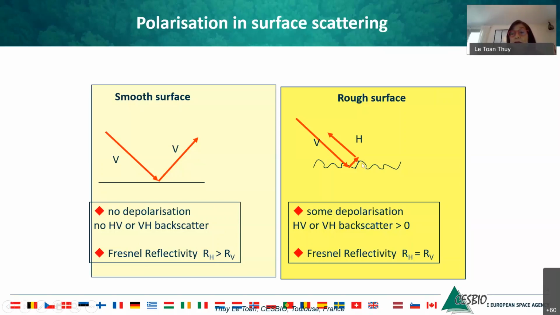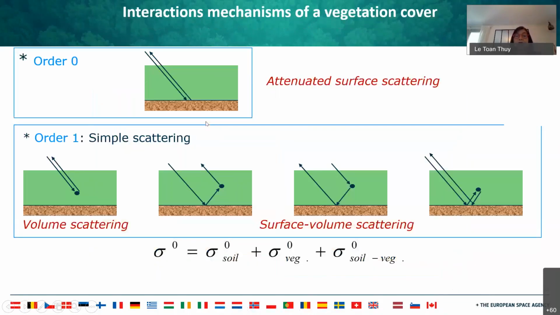But for the rough surface, you have some depolarization. It goes here, here, here, and the reflectivity RH equals RV. So if you have an image at one incidence, one frequency, the rough surface has a higher backscatter than the smooth surface. And with the vegetation cover, how does it go?